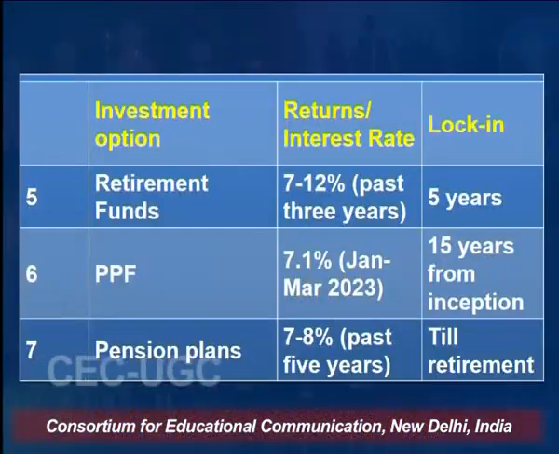This rate on PPF also keeps varying, but the variation is very minimal. But the lock-in is 15 years from inception. When you open a PPF account, your fund will be locked in for 15 years.